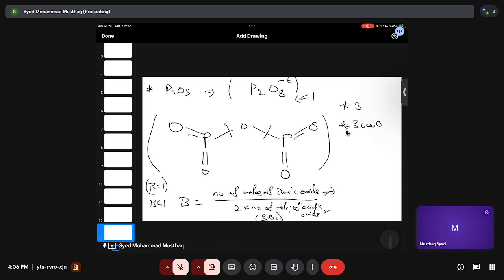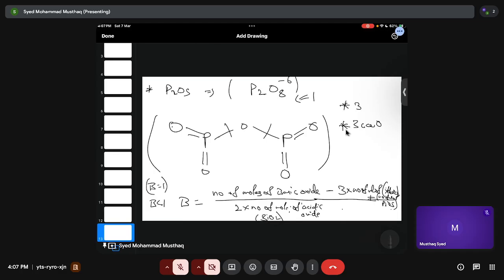Now if my oxides contain pentoxide and alumina, all I need to do is simple: I need to subtract. Subtract from where? Because they are being consumed, right? So I need to subtract it from 3 times the number of moles of Al2O3 plus the number of moles of P2O5.